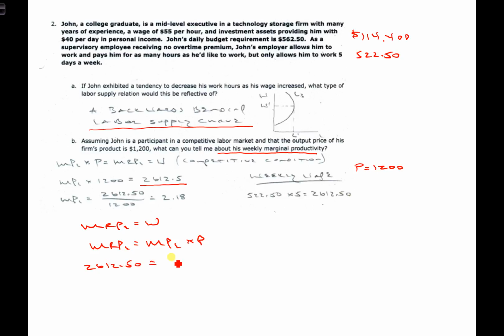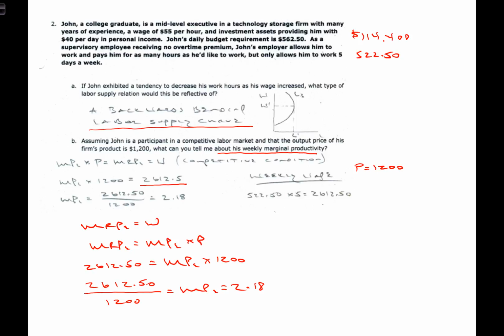It equals some marginal product of labor times the output good price of $1,200. Okay. So then I can take 2612.50 divided by 1,200, which is going to equal the marginal product of labor for John, and that'll equal 2.18.